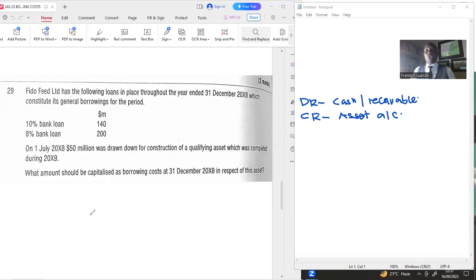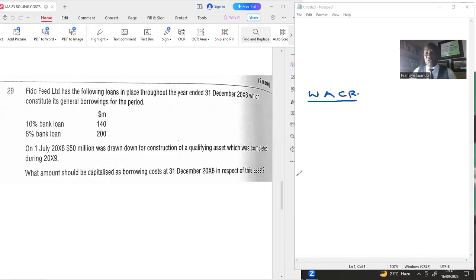Now, the first thing to do, since there's a general pool, you need to determine the weighted average capitalization rate. Is that okay now? So the weighted average capitalization rate is calculated as follows.